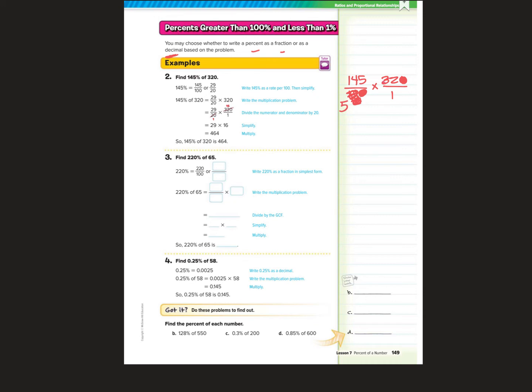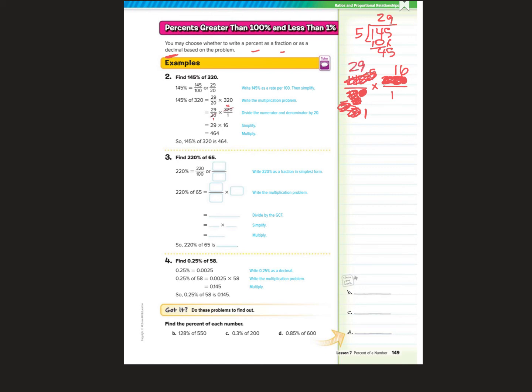If I divided 32 by 2, I'd get 16. I mean, I could divide by 5 here. Divide by 5 to get 1. 145 divided by 5. Well, okay, I'm just going to slow down. 45 divided by 5 is 9, so 29.